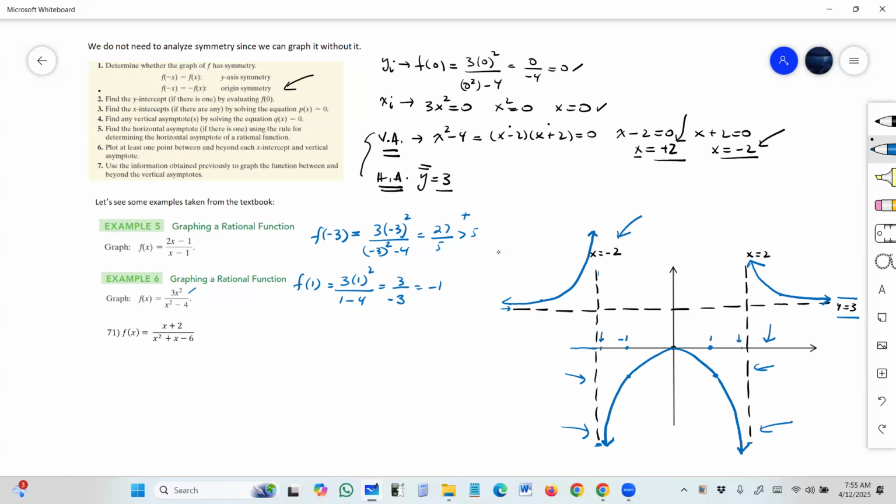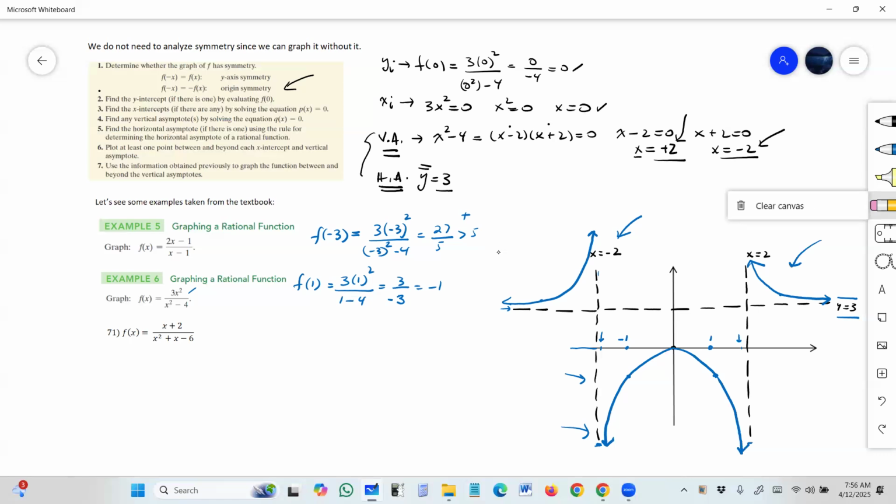Don't pick a value here because you already know the function is up there. And confirm that for something very close to 1, like 1.9, the value is going to be very negative, confirming that the graph of the function is going toward the asymptote. Okay? All right, very good.